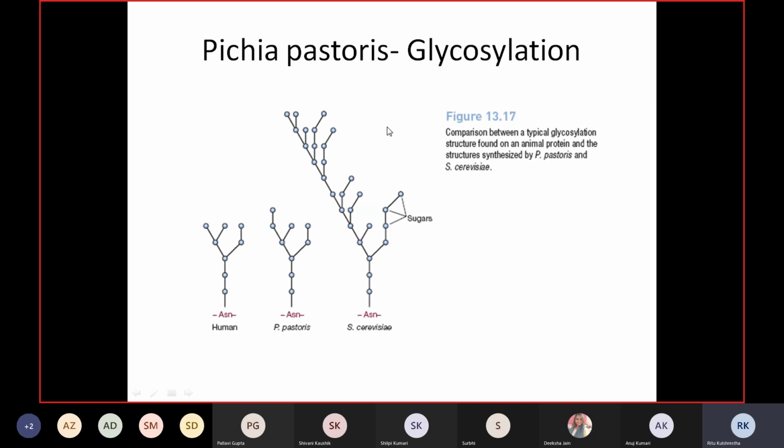So what will happen if I express this protein in S. cerevisiae, and then I give, let's say, that protein for therapeutic purposes to some patient, then because it is not similar to the human protein, it can be taken as a foreign protein, and then it may lead to the induction of the immune system. And there is a possibility that there can be this immune attack on these proteins, which is definitely not good, and that's not what you are seeking.